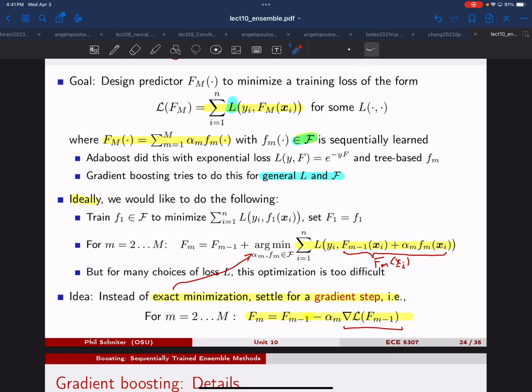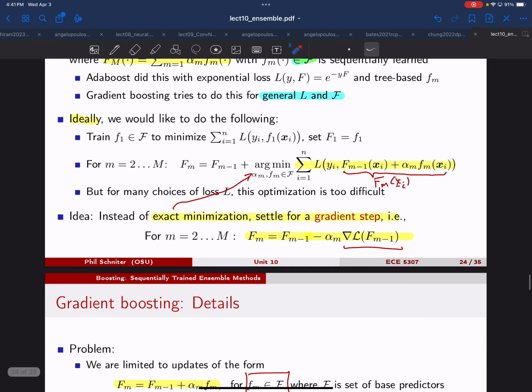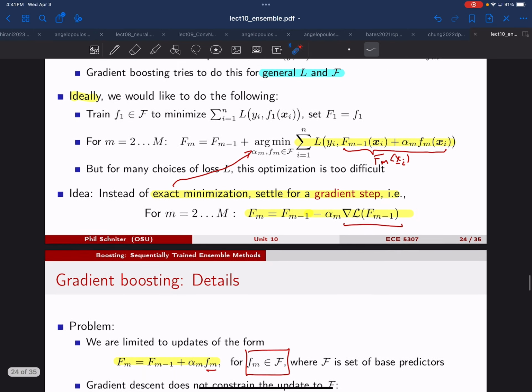We saw that the optimization problem we'd love to solve is too complex, it's intractable. So instead of doing this exact minimization over F, we settle for a gradient step. Even that prevents us from guaranteeing that the update is in the model class.